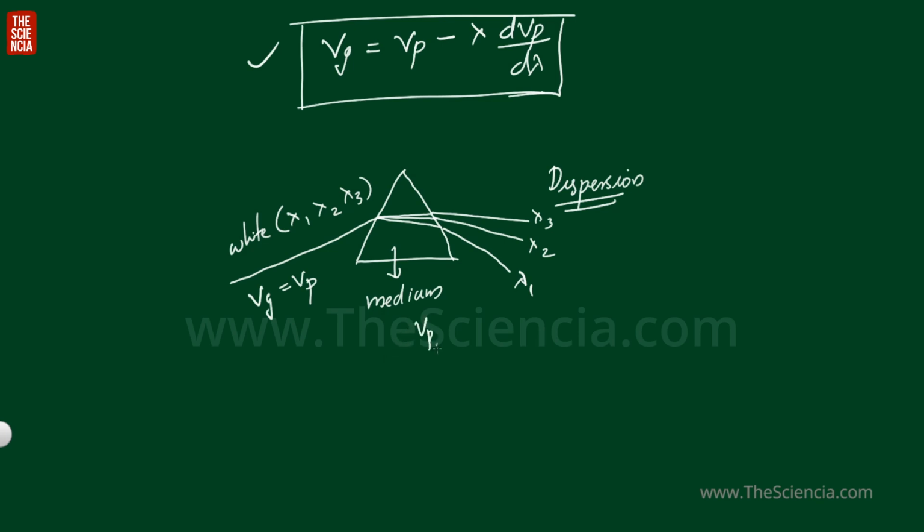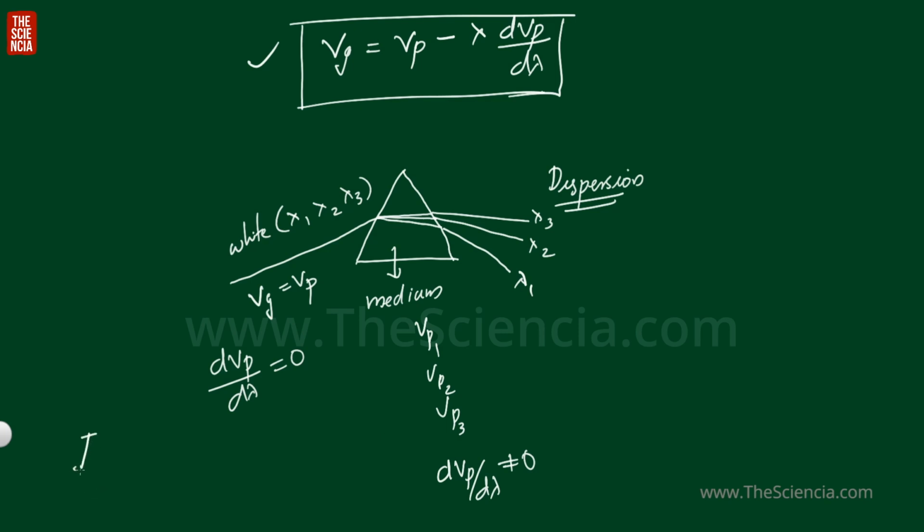So Vp1, Vp2, Vp3, etc. That is, inside the medium, this value dVp by d lambda will not be equal to 0, but when it travels through the air, dVp by d lambda will be equal to 0. So this is the dispersion relation.